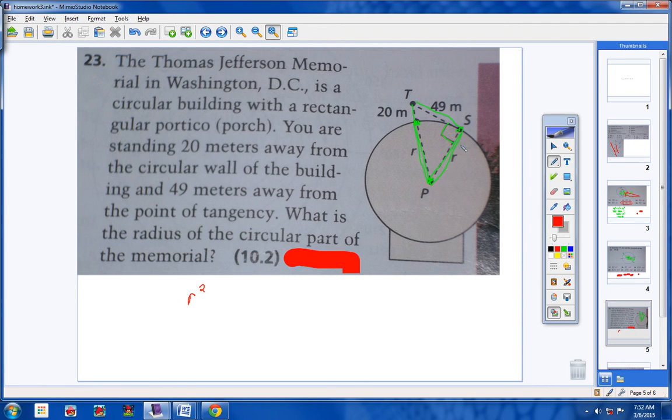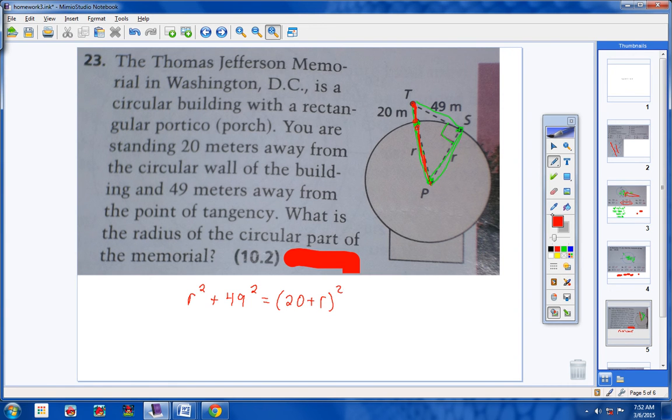The other leg is 49, so 49 squared. Now the hypotenuse is going to be a combination of two terms, okay? From here to here is 20, and from here to here is R. So if you add those two together, you get the entire hypotenuse, okay?